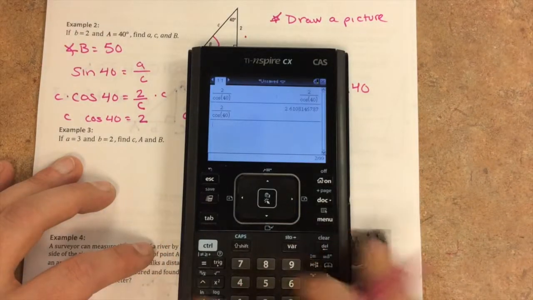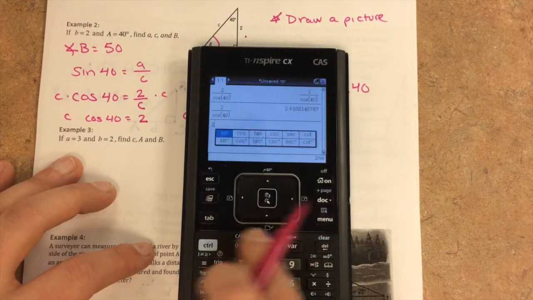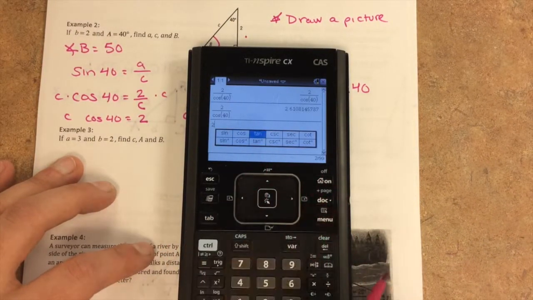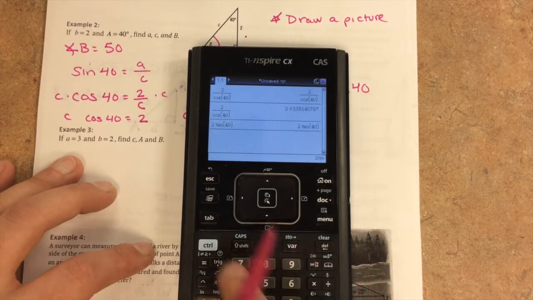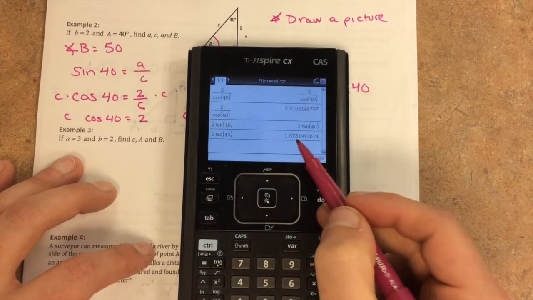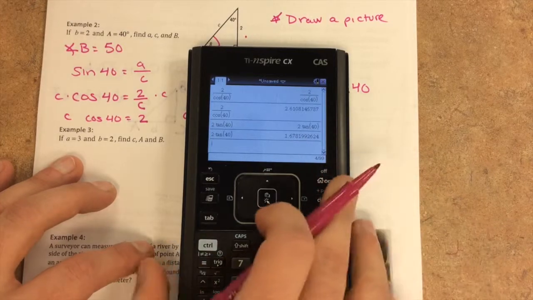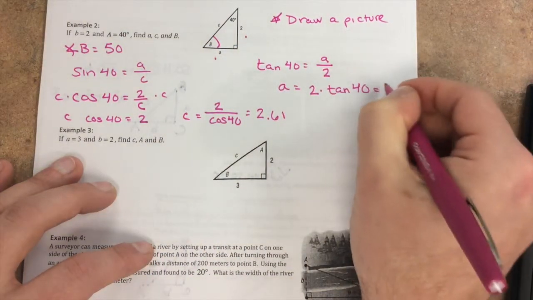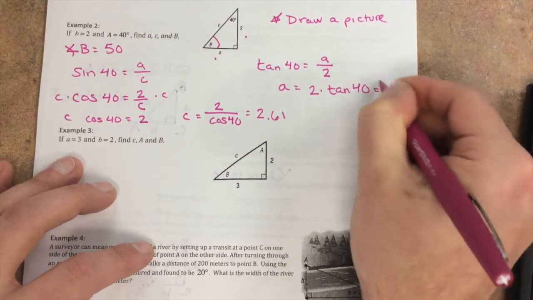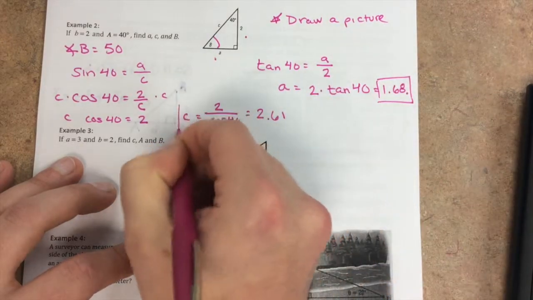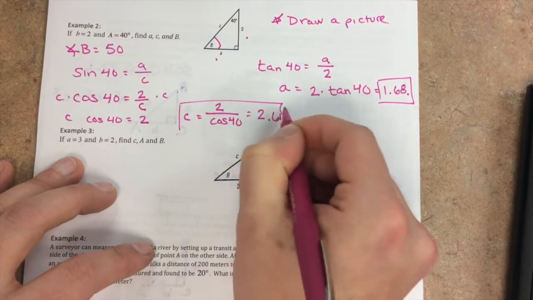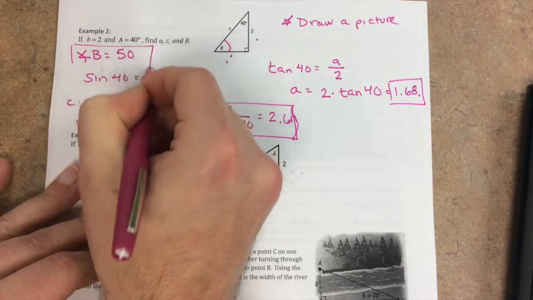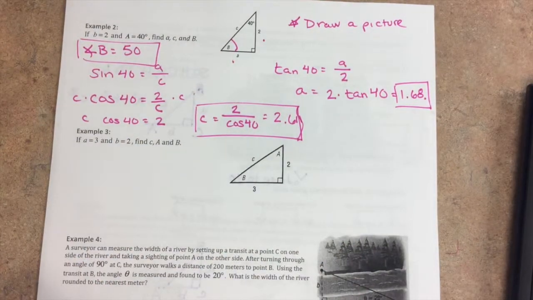So again, once you get that, 2 times tangent 40, hit enter, we get 1.68. So there's A, there's C, and there's angle B. Okay.